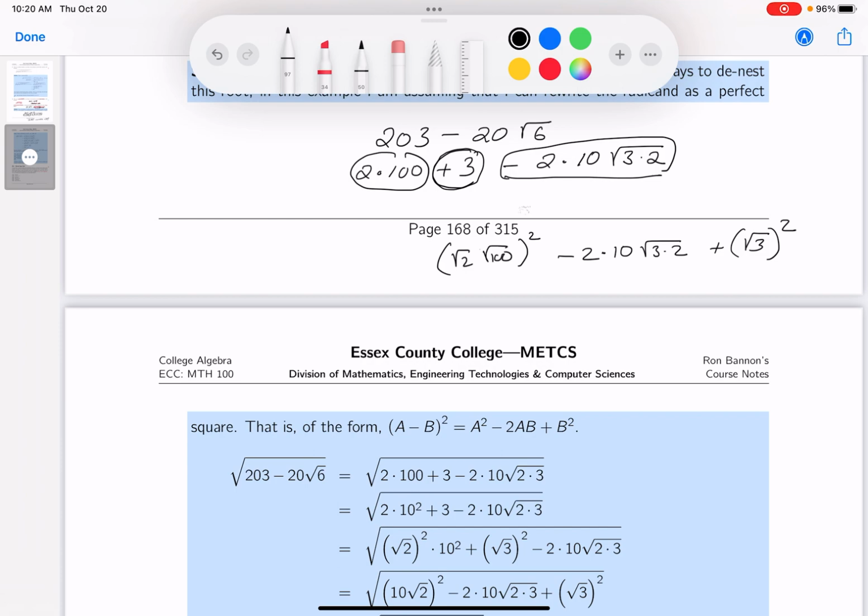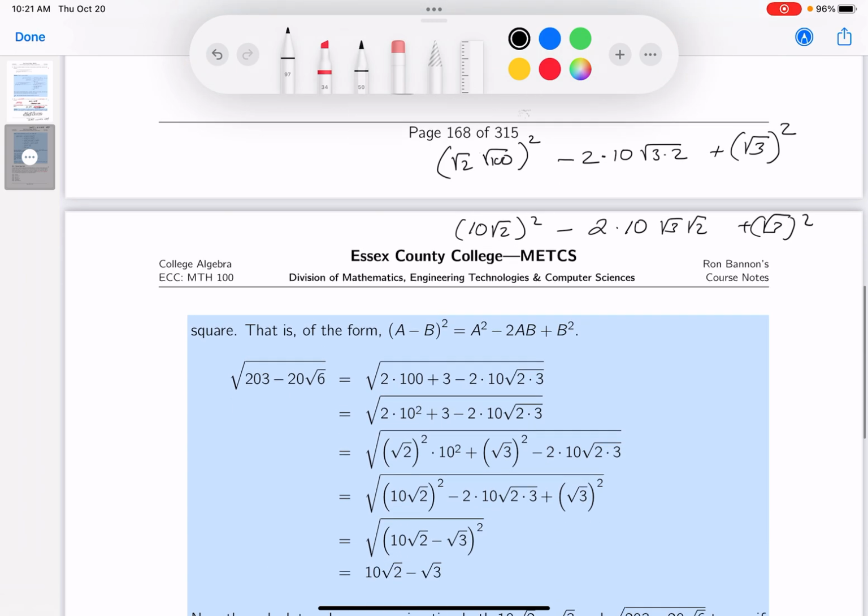And that's certainly going to give me 2 times 100. Let me just write it a little bit differently. I'm going to write this as the square root of 2 times 10, squared, minus 2 times 10 root 3 root 2 plus the square root of 3 squared. I think I can factor it now.